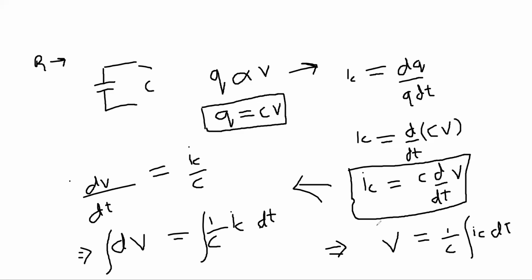I hope you understood these two formulas, the voltage across the capacitor and the current across the capacitor. If you have any doubt, you can tell me. You got these things?